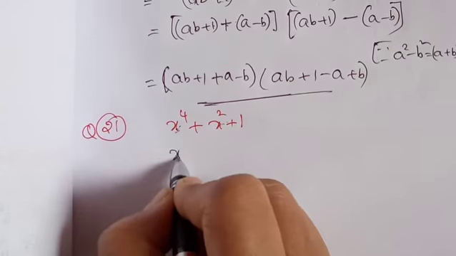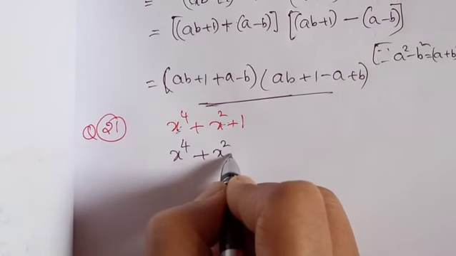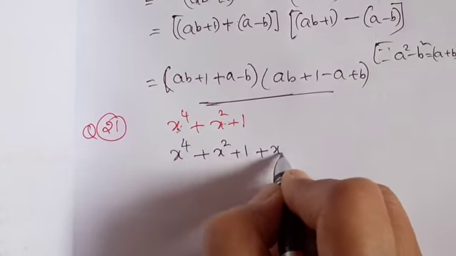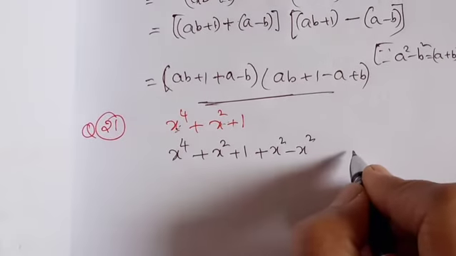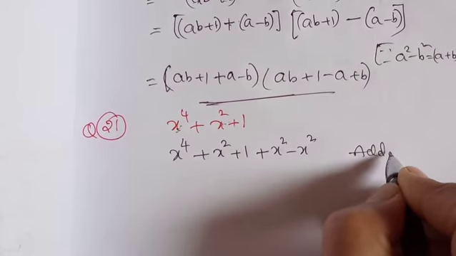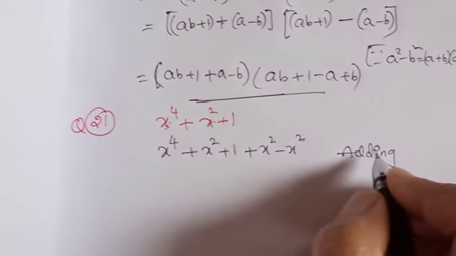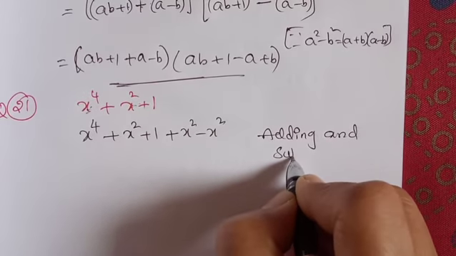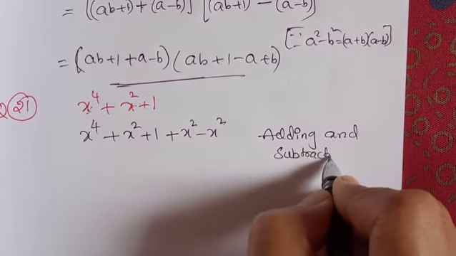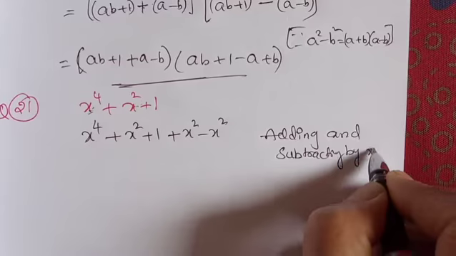Let us try. x to the power 4 plus x square plus 1 plus x square minus x square. Adding and subtracting, you have to write the reason: adding and subtracting by x square.